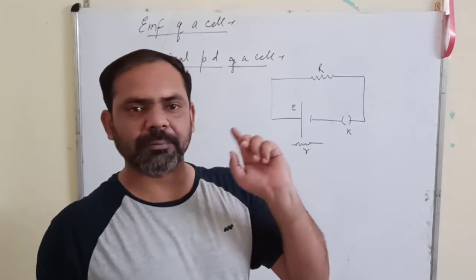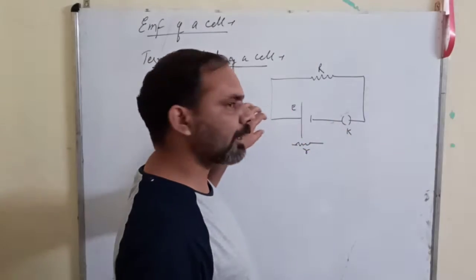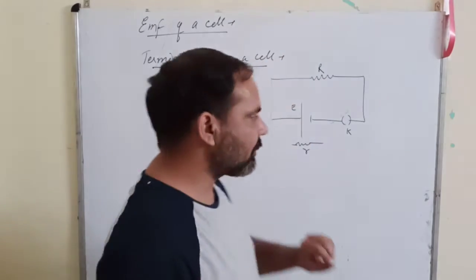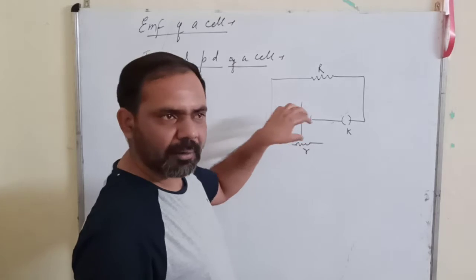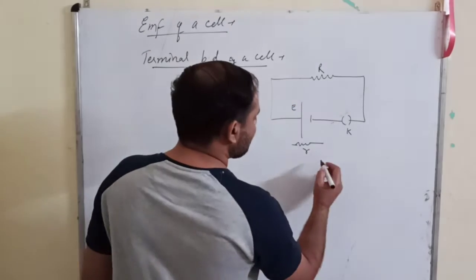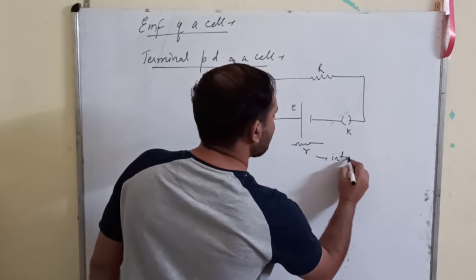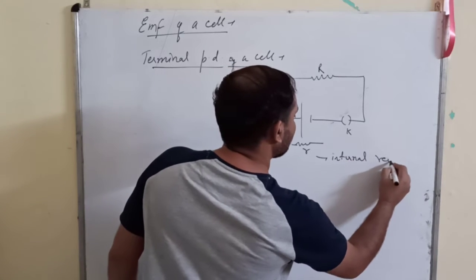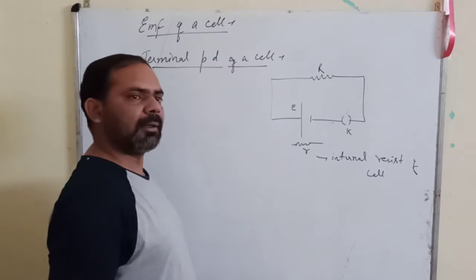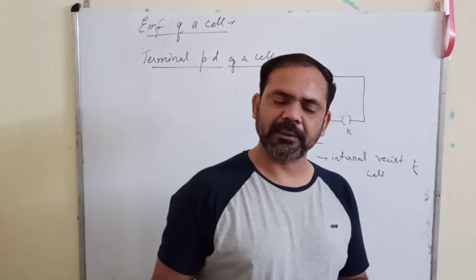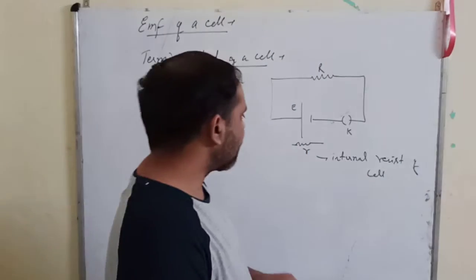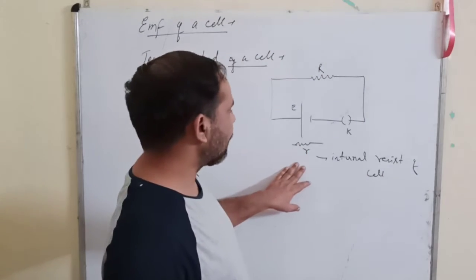So when the charge passes through the electrolyte, it suffers collisions with the atoms of the electrolyte and hence suffers some resistance inside the cell. That resistance is called the internal resistance of the cell, the resistance offered by the cell itself.